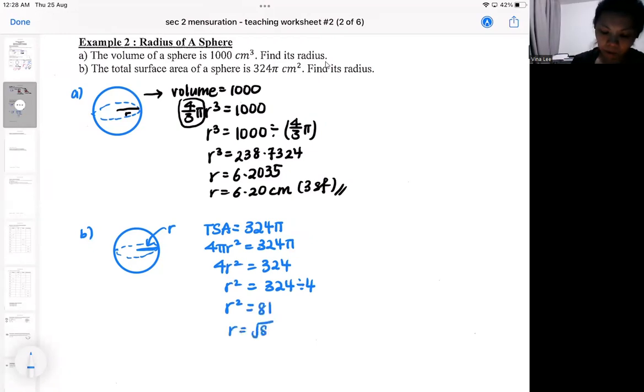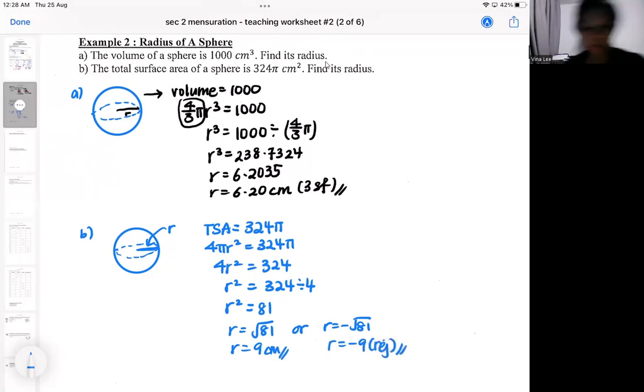Obviously, when you take the square root, there will be two answers. Of course, radius being a positive value, you should reject the negative answer. So this is how we work backwards. It depends on whether you are given the volume or the surface area, then you work backwards accordingly.